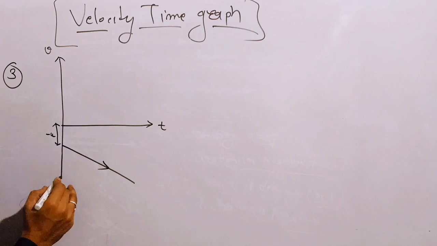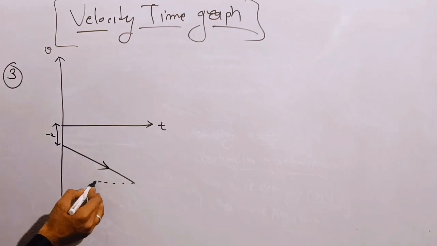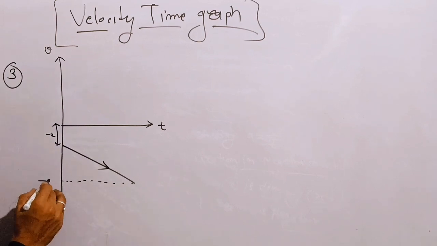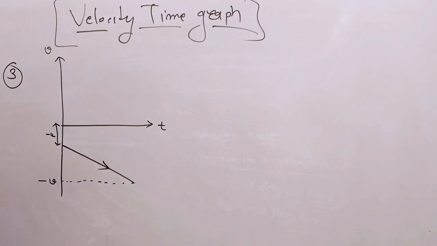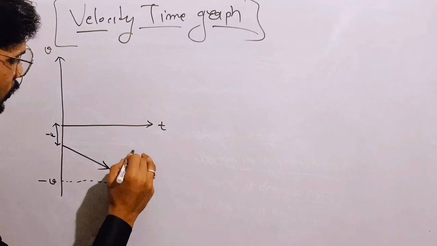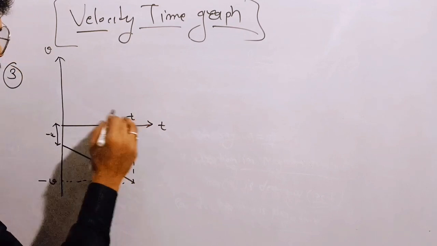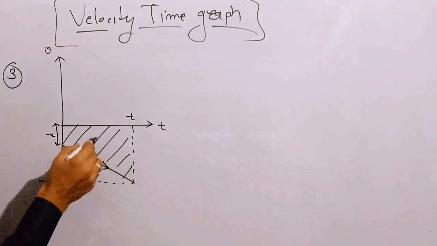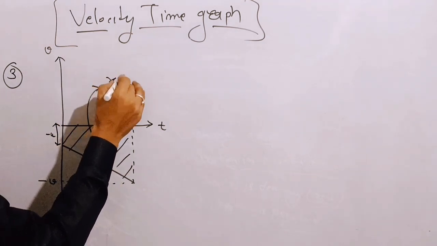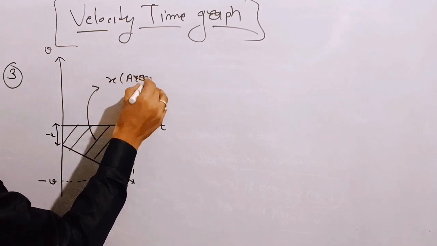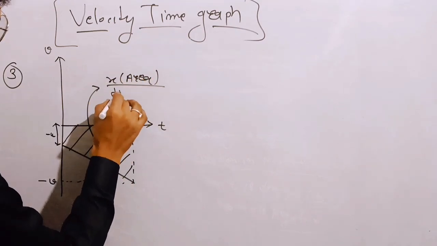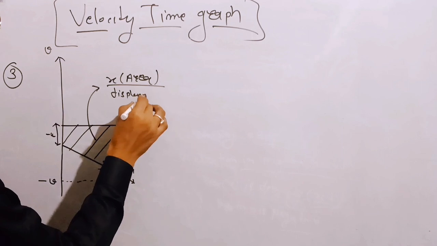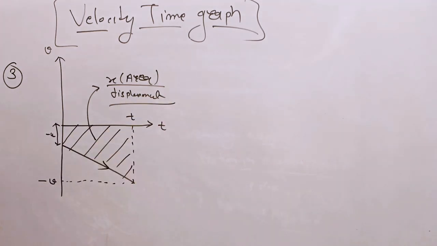In the negative direction of y, this is minus u, and this is minus v. So initial velocity is negative and final velocity is also negative at the time t. T is always positive, and the area under the curve is the displacement x.